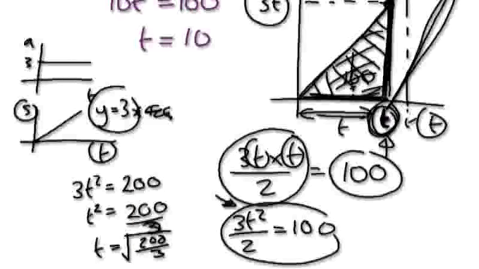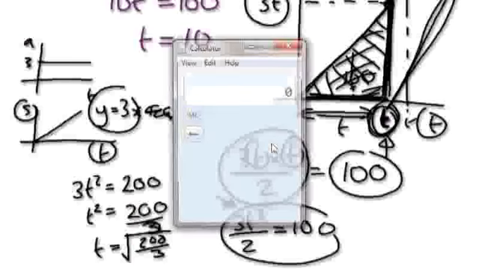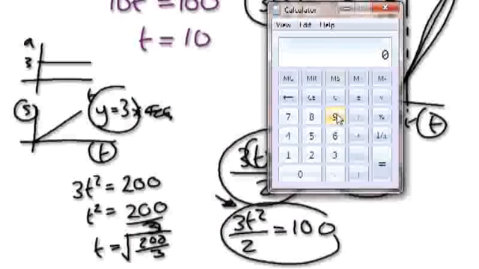Okay, so jump to a calculator. 200 divided by 3 equals 66.6666.